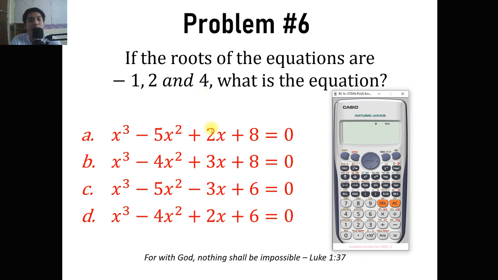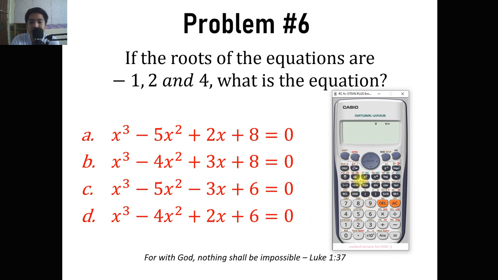If that equals 0, then that is a root. All should equal 0. If one of the roots does not equal 0, then that is not the equation. If two of the roots equal 0 but the other one does not, then that is not the equation. All of them, when substituted into the equation, should give 0 for us to be able to tell that that is really the equation.